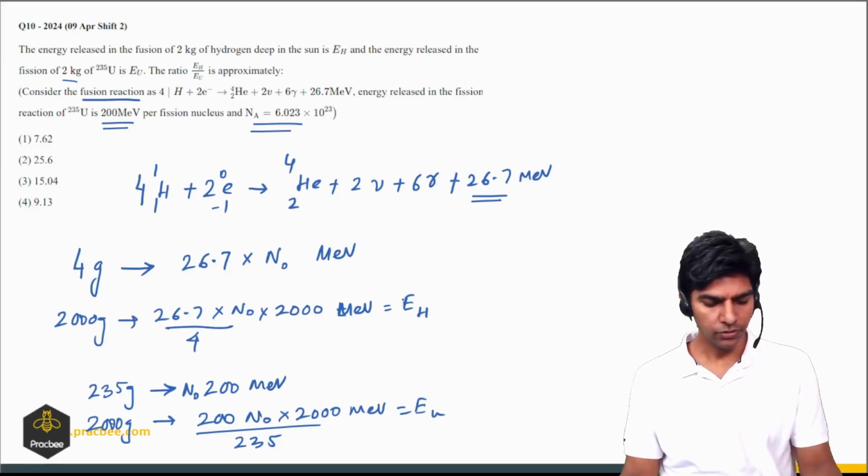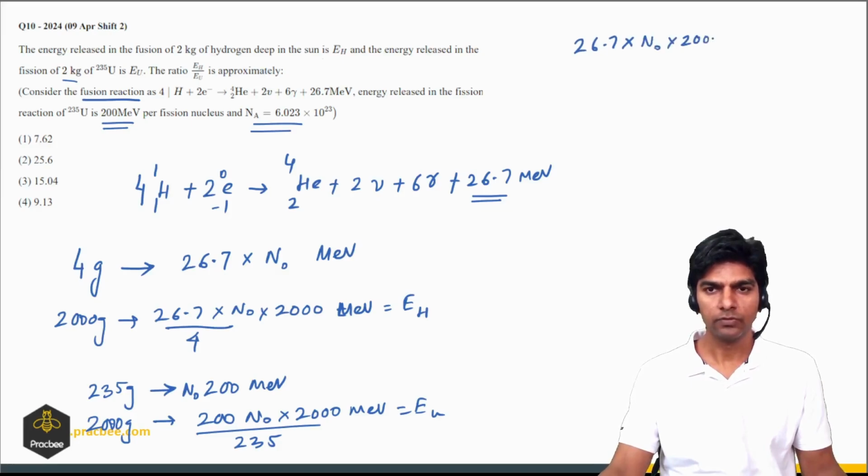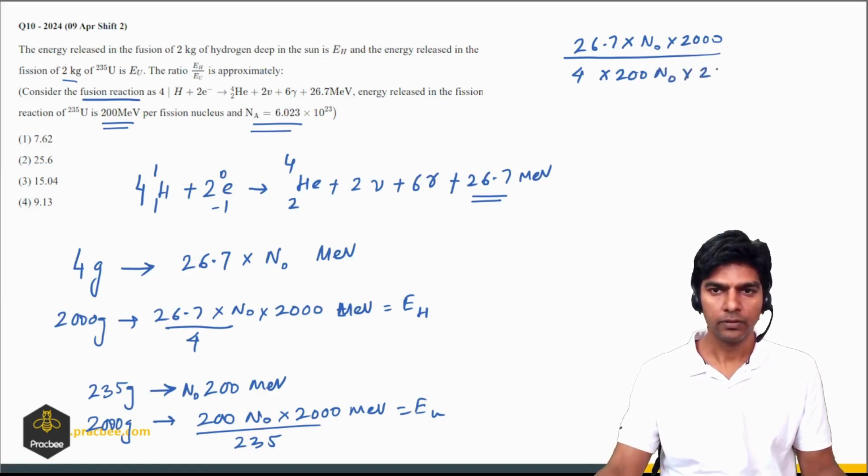Now we have to take the ratios of these two energies. So we can say 26.7 times n naught times 2000 divided by 4, and this divided by 200 n naught times 2000 divided by 235. So that will be EH upon EU.